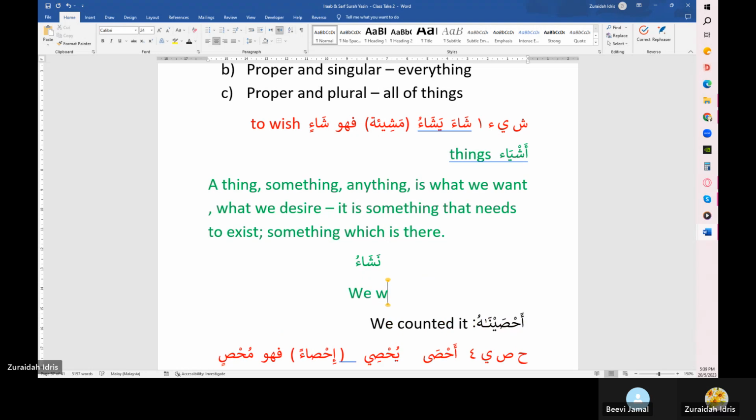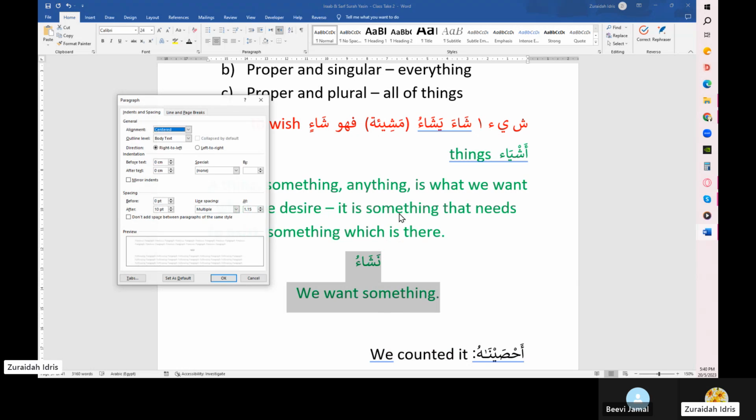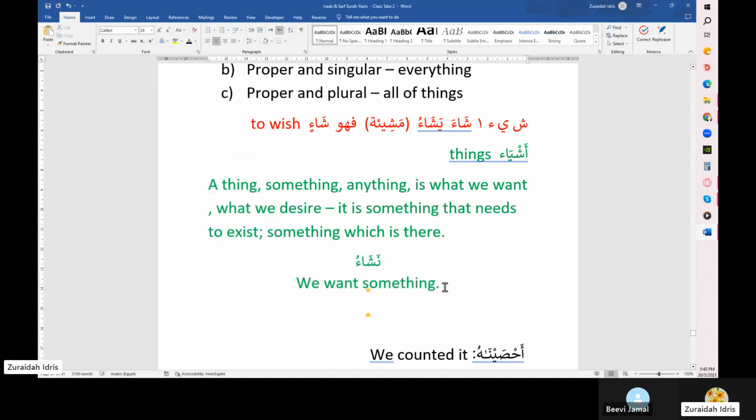Let me put this phrase in smaller text so it doesn't take up too much room. It was really interesting, and it explained to me something.